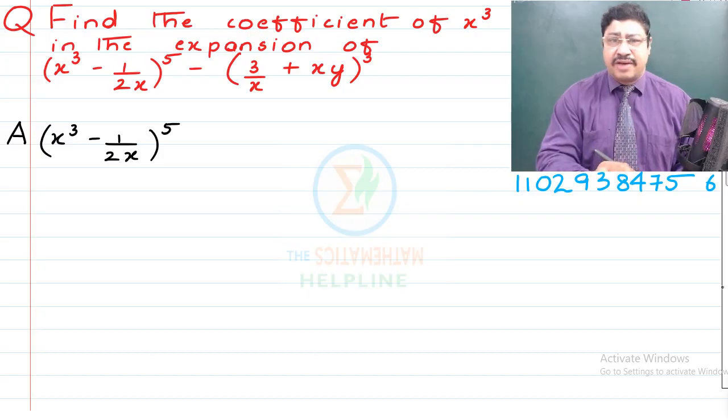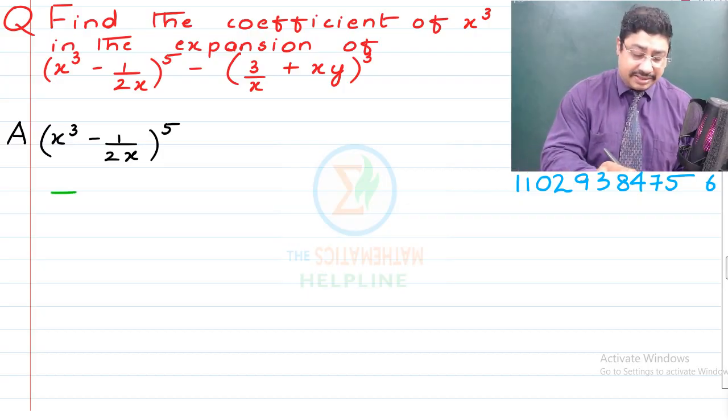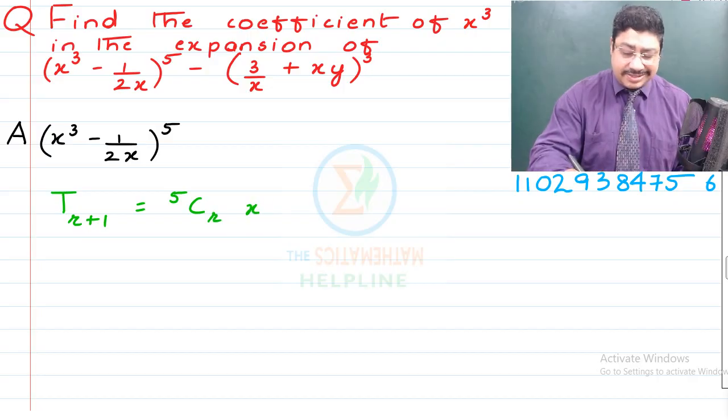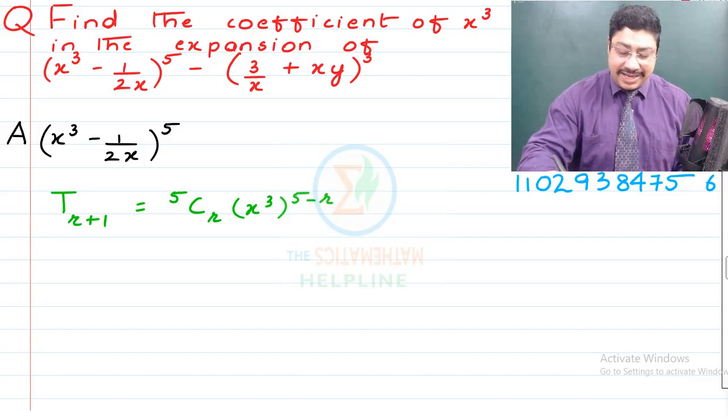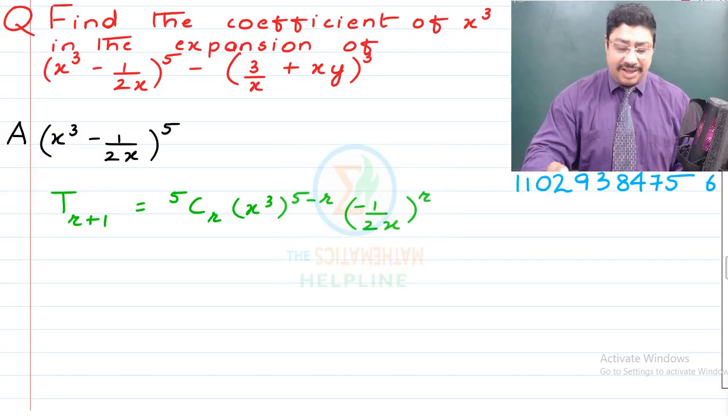In this, we can find out the general term by the formula that we just discussed. That is, the general term T(r+1) will be equal to 5Cr, the first term x cubed raised to the power 5 minus r, and the second term minus 1 upon 2x, which is raised to the power r, the number in the suffix, right?